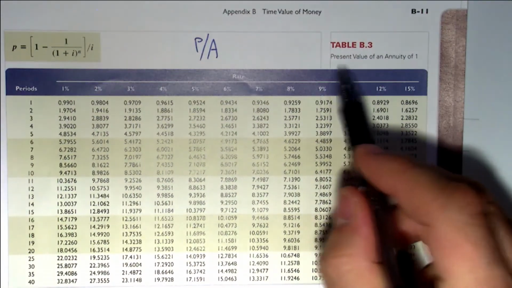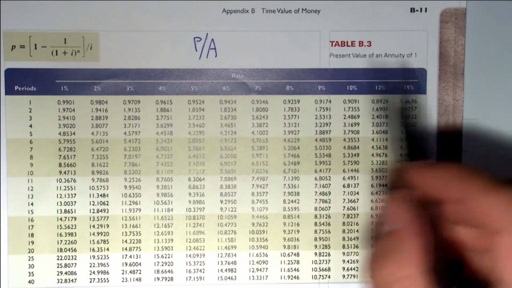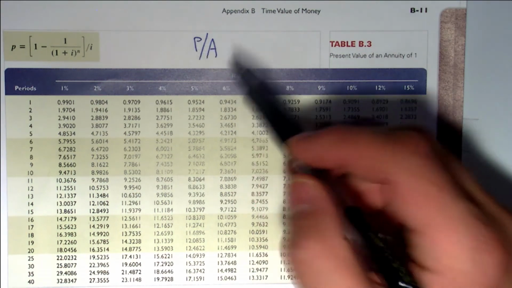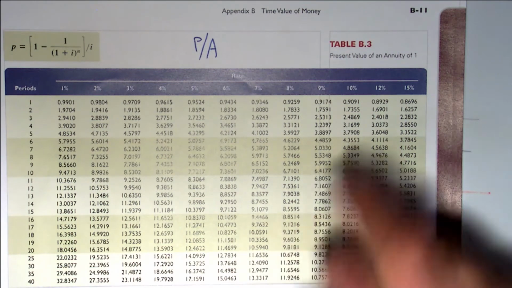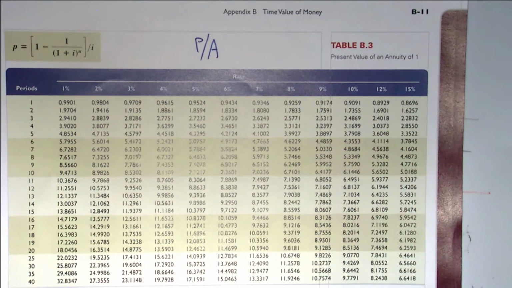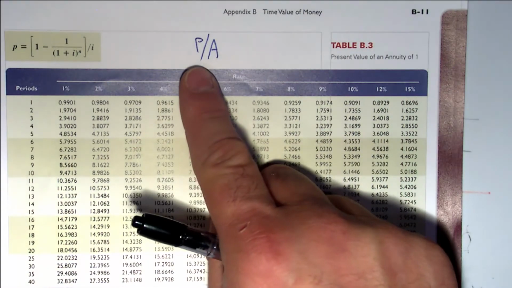This says present value of an annuity of 1. Just go ahead and write in your book P/A. You with me? Those are the only two tables we're going to utilize in this class. And again, this is all an introduction to time value of money. But that's our P of A table.